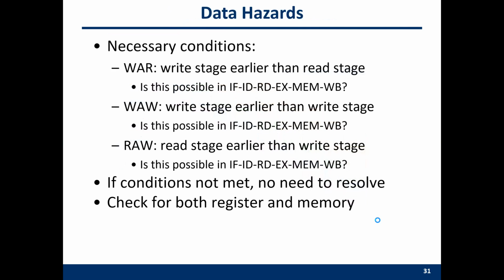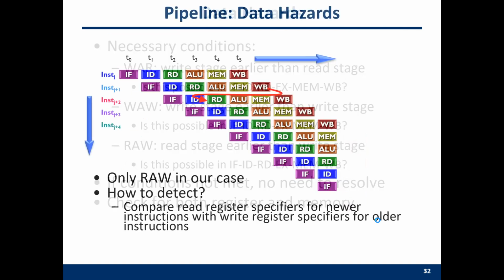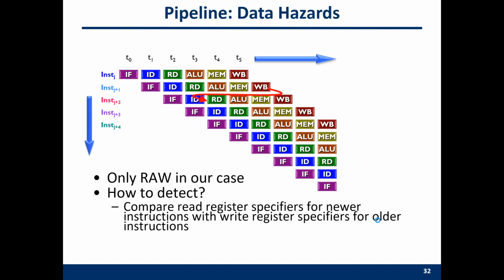So when we consider all these dependencies, what will happen? How can we handle this in this pipeline?